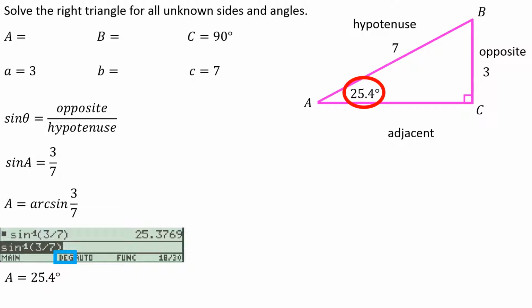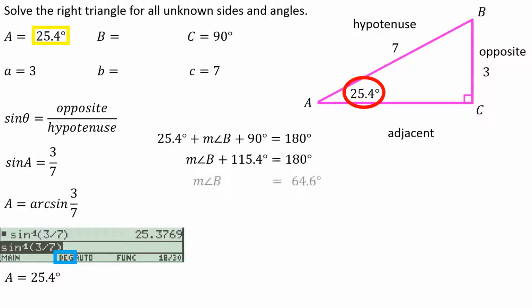If I've got the answer, I can add it to my diagram, and I can add it to my answer display. Hey, I now know 2 of the angles. I know the sum has to be 180. Notice I didn't worry about using the rounded off value of 25.4 here, because I want the 3 angles to add up to 180 degrees.